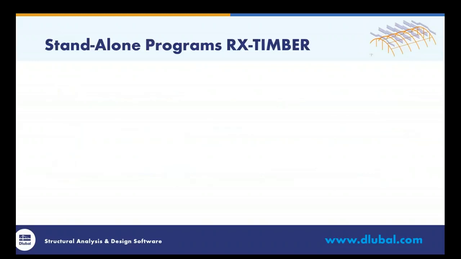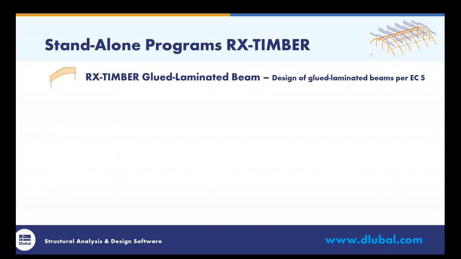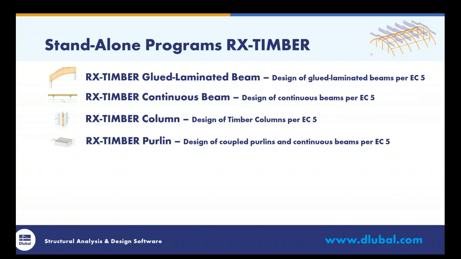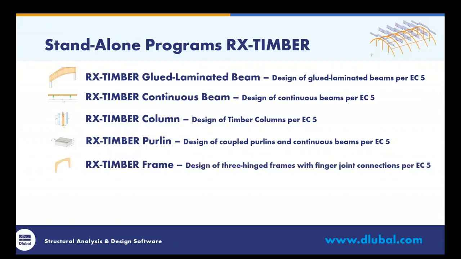And then we have a module family or program family called RX-Timber, with the program RX-Timber Glued Laminated Beams, then Continuous Beams, a program for timber columns, one for coupled purlins and continuous beams.